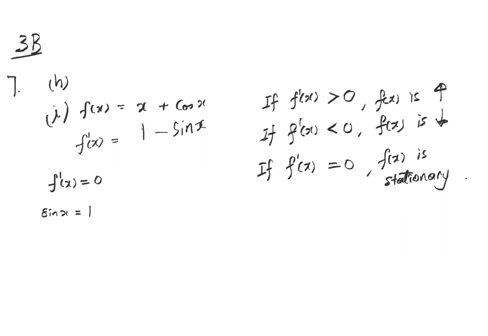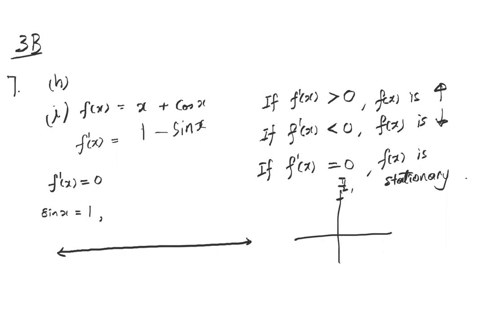Okay, so now you have to understand that for trigo, correct? It can repeat many, many times. So your x can be any value. So sin x equal to 1. So you go in circle, correct? Here, pi by 2.